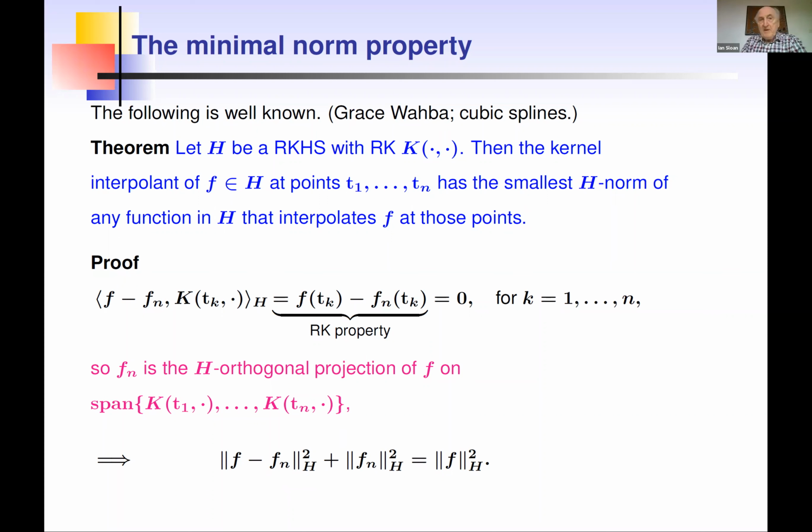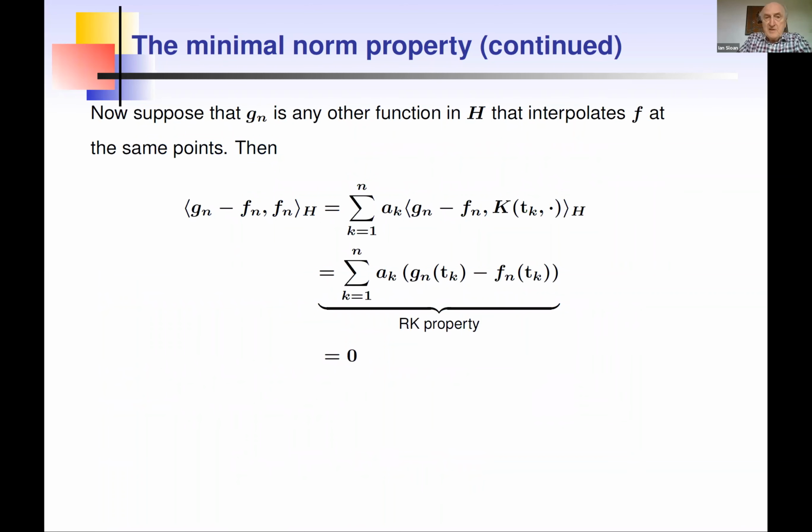That means we have a Pythagoras theorem, if you like: in the H norm, the square of f minus f_n plus the square of f_n is the square of f. That's because there's no middle term, since f minus f_n is orthogonal to f_n. And this makes it so easy to work with, one has these beautiful Euclidean properties.